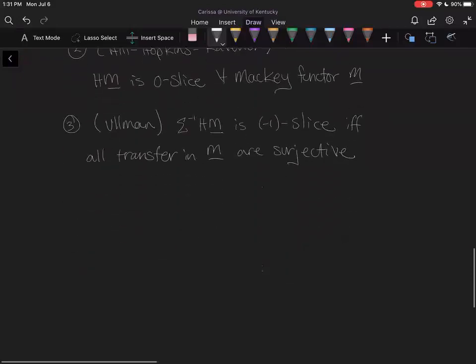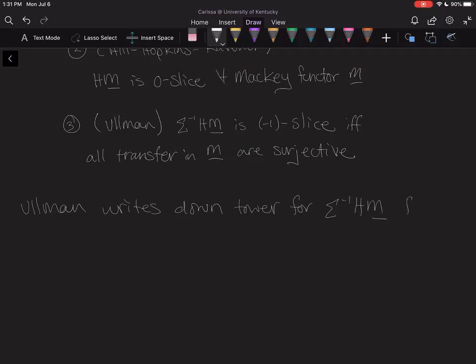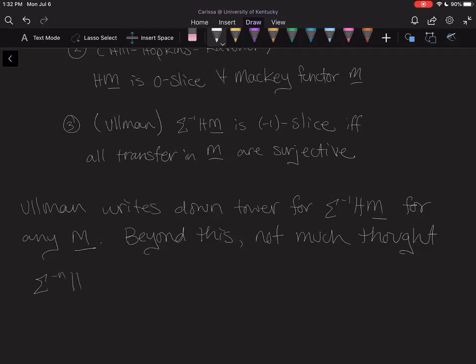So one thing to note about this last point is that Ullman actually writes down the entire tower for the desuspension of the Eilenberg-MacLane spectrum, for any M, where again, M is a Mackey functor. But beyond this, no one's really thought about the suspensions of Eilenberg-MacLane spectra.